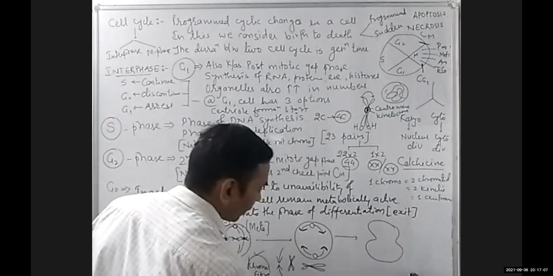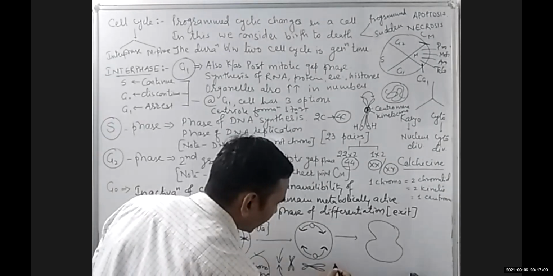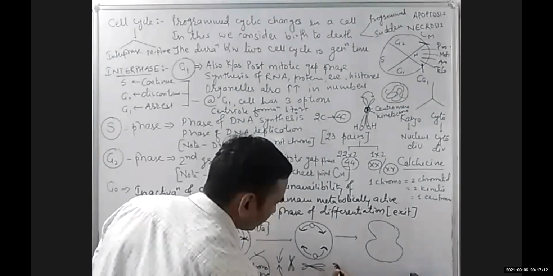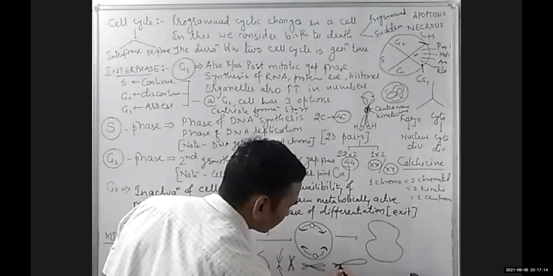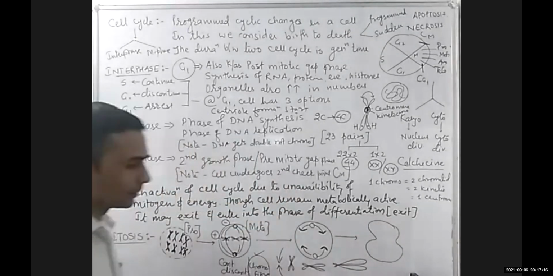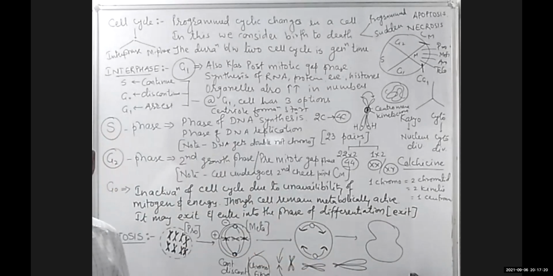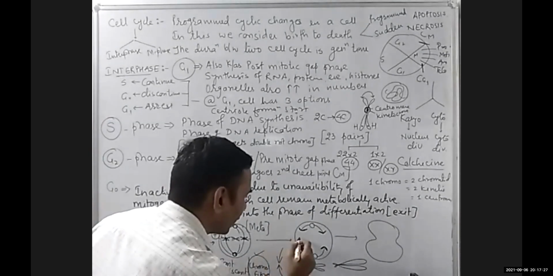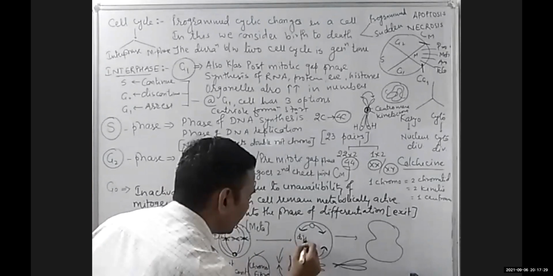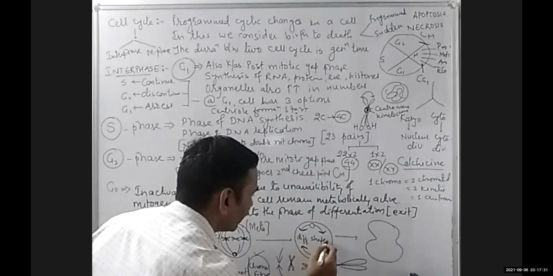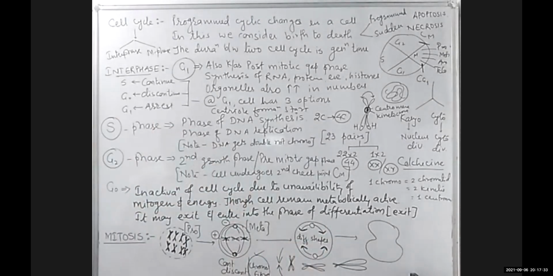If it is a telocentric chromosome, then it is like this. So a J shape, when you stretch this, that will be a J shape. Yes or no? Agree? So different chromosomes get different shapes of English alphabets. That is the identification of this anaphase.